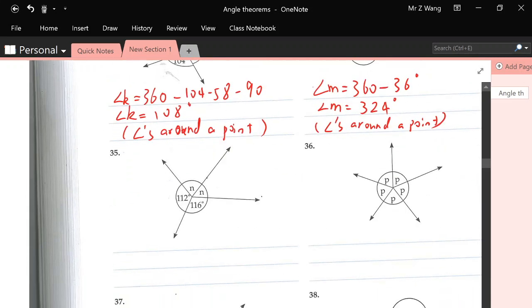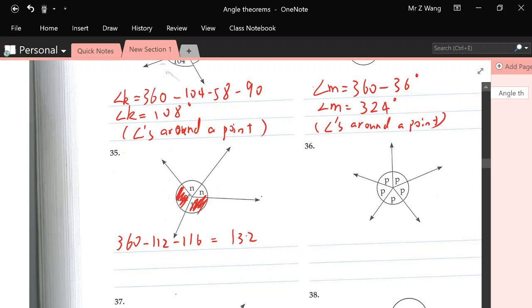Now, here comes a little bit of algebra. So we have to use 360 minus 112 minus 116. You take off this, and you take off this. What's remaining are two angles of the same size. So this is 228, that's 132.